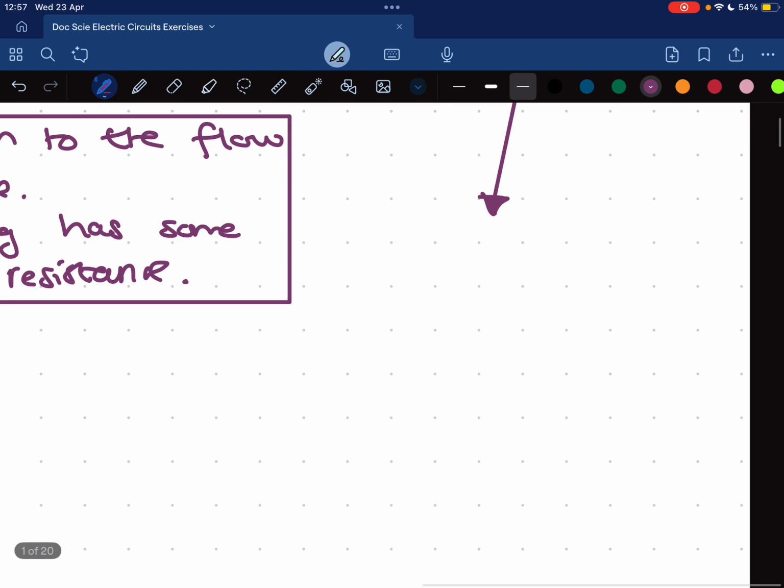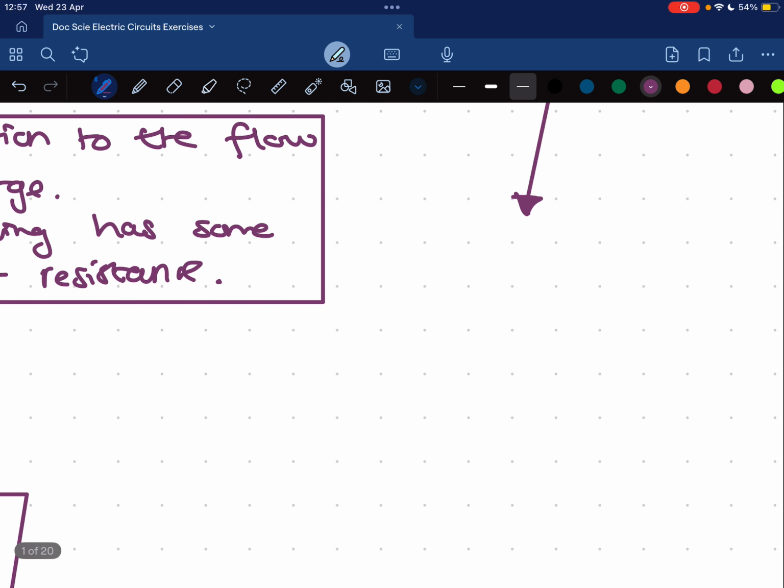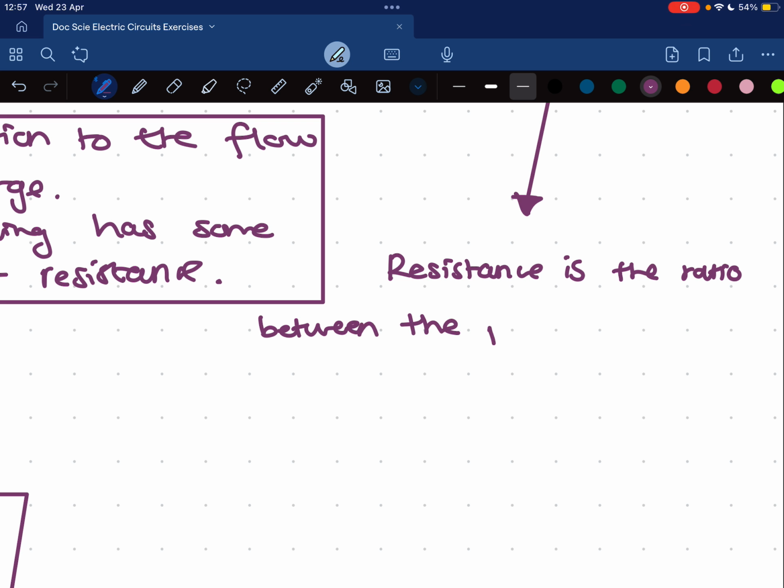So resistance is the ratio between the potential difference, which is the energy needed to move the charge, and the current flowing through it.